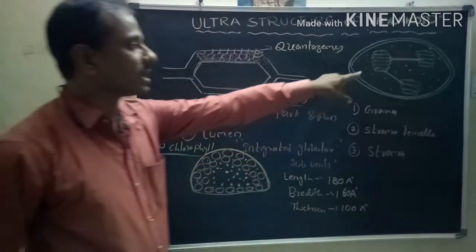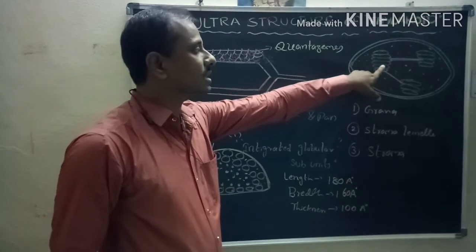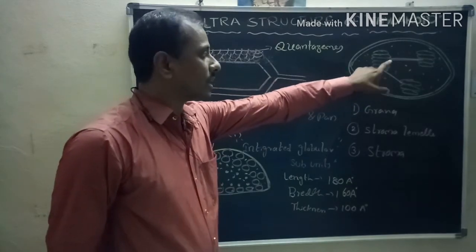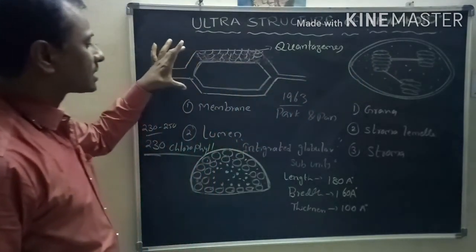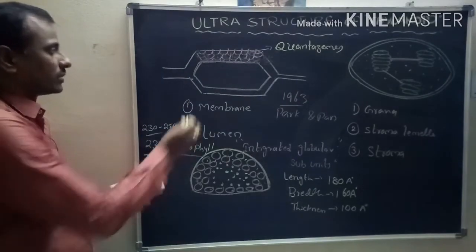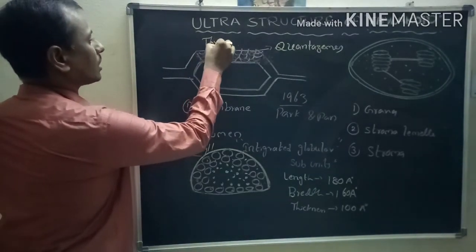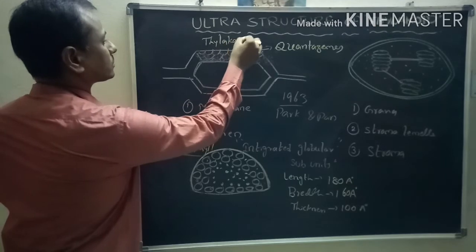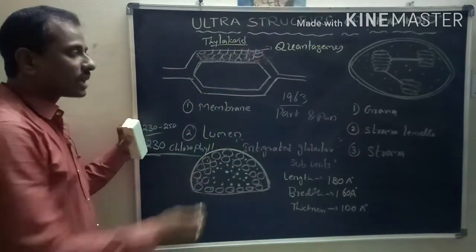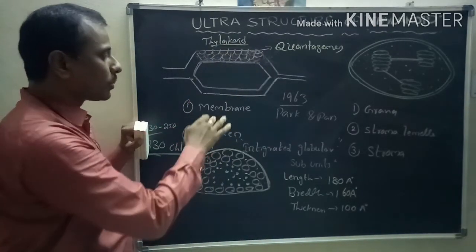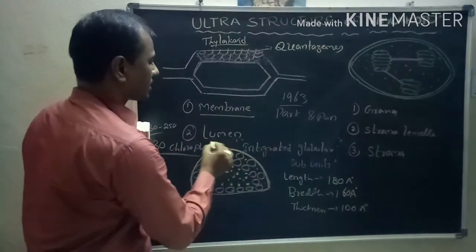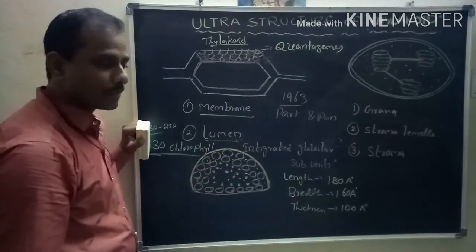First we know about the chloroplast. A single portion is the grana. In the granum, a single part is called a thylakoid. The thylakoid consists of two parts: one is the membrane, the second one is the lumen.